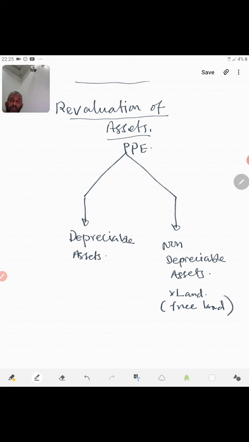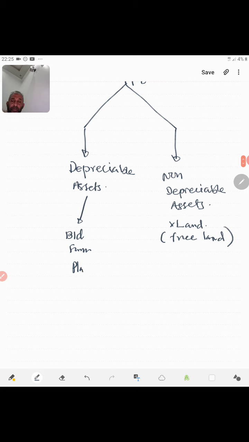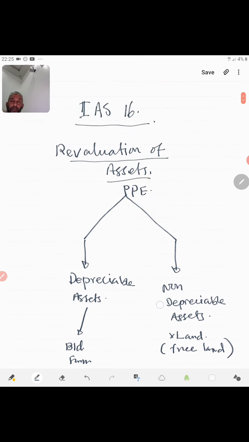Whereas depreciable assets are all other examples you could bring: building, furniture, plant, equipment, and so on.